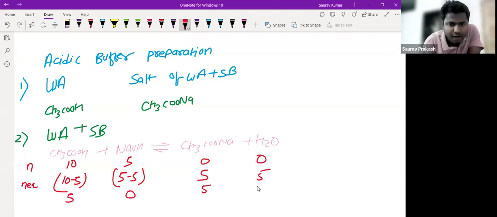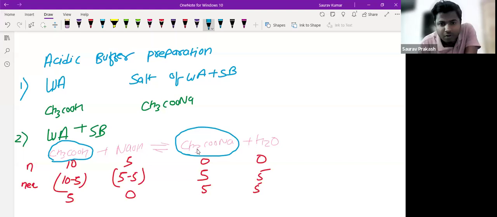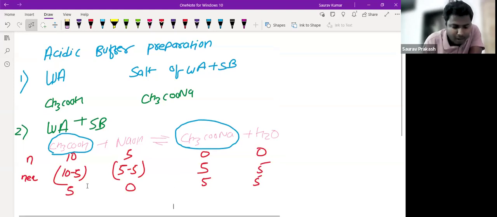So in the overall solution, what is left is acetic acid, meaning weak acid, and salt of weak acid and strong base. And this is possible only when the number of moles of weak acid is greater.